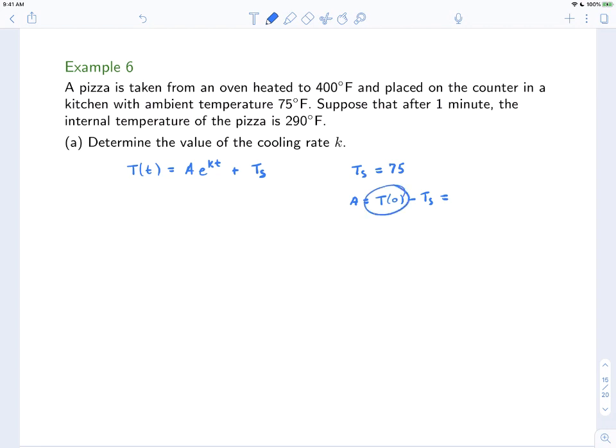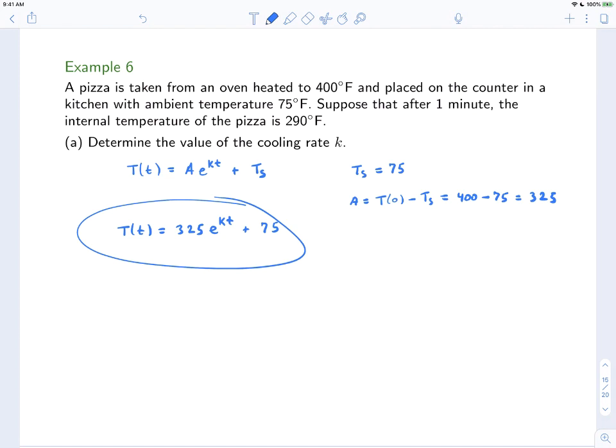The initial temperature of the object is the same as the temperature of the oven, so it's 400 degrees minus 75 degrees, which is 325 degrees. So that gives us A. So capital T at lowercase t is equal to 325 times e to the kt plus the ambient temperature, which is 75 degrees.